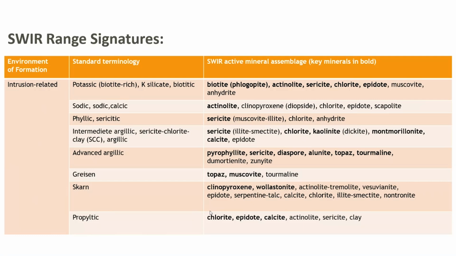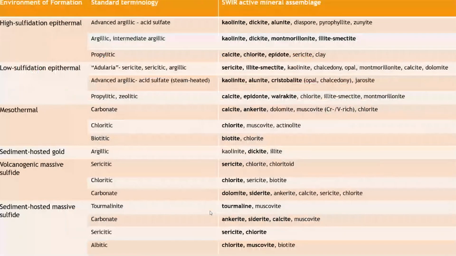And so you're going to be looking for alteration patterns and spectral shifts in these minerals to identify where exactly you are in that ore zone. Same thing with high and low sulfidation, epithermal, VMS, and more.